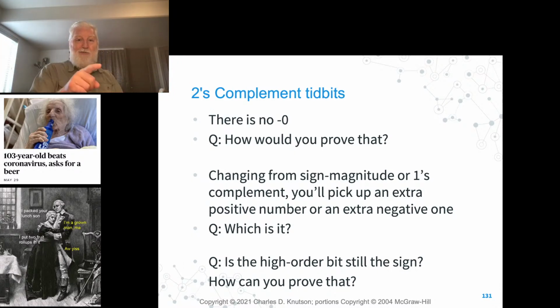You've already got -1 down to -127. But the natural next spot is -128. You used to have 128 negatives from -0 to -127 and 128 positives from 0 to 127. Now we go 0 to 127, -1 to -128. There's still 128 negative numbers, but that's where we put it.